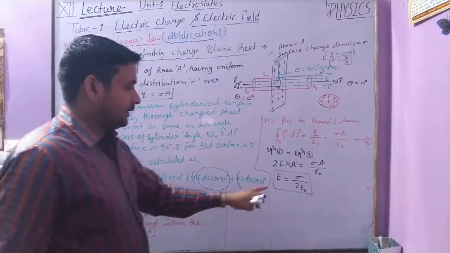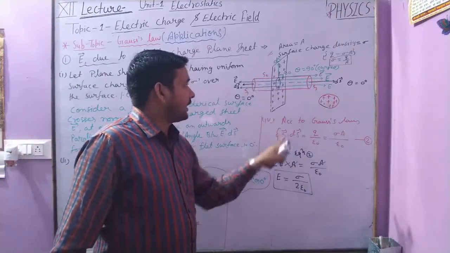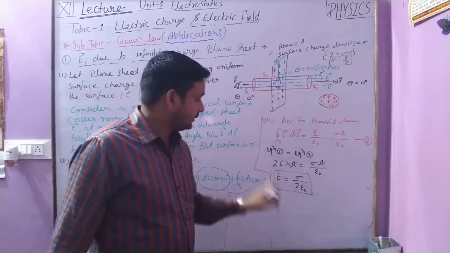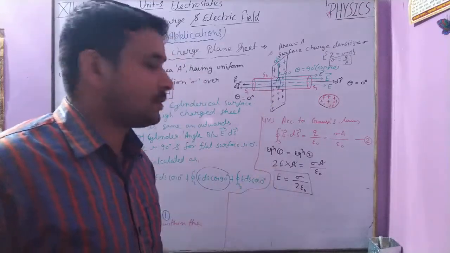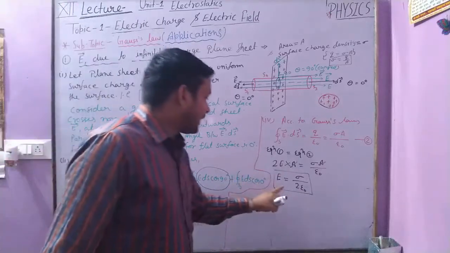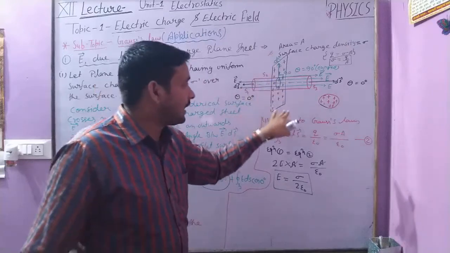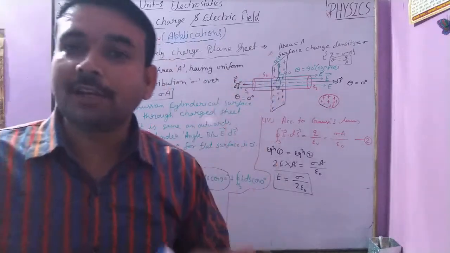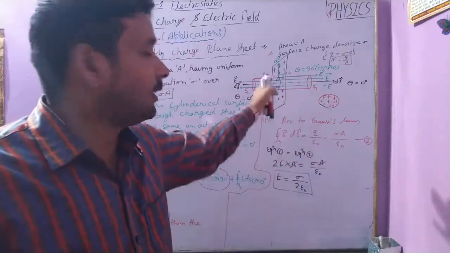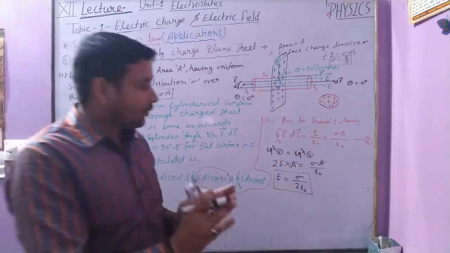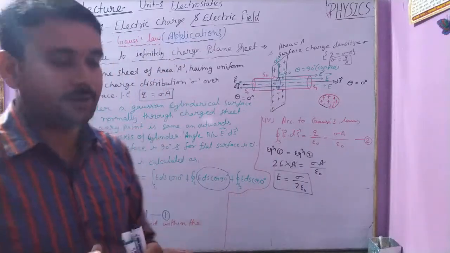Here student, it is very clear. Sigma is the surface charge density which is infinitely charged, and epsilon naught is a constant. So both values are constant, which means the electric field due to the infinitely charged plane sheet does not depend on the distance from the considered surface. The value of electric field for this particular case is same at every point.